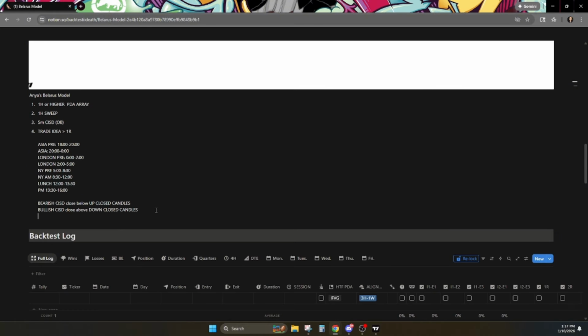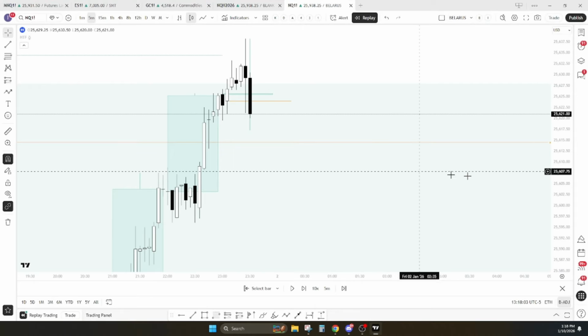And the highest or lowest candle, I will just say is irrelevant for the close. Is that fair? Everyone agree with this here? Okay.